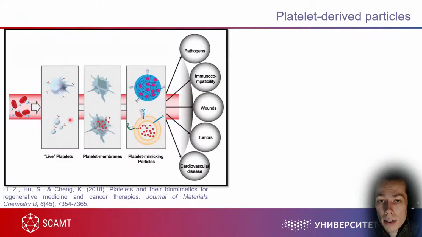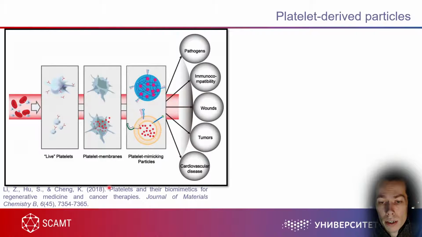And since the platelet membrane has some receptors on its surface, it can be used, for example, to naturally target these particles to wounds, to tumors, to target some cardiovascular diseases, and so on.